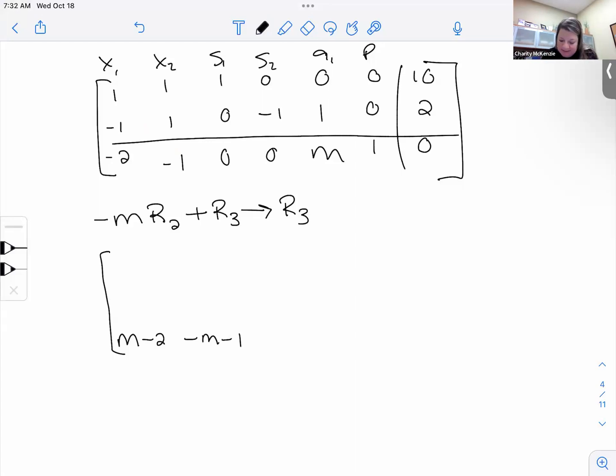Then 0 times anything plus 0 is 0. -1 times M plus 0 is positive M. And then negative M times 1 is negative M, plus M is 0. And then on the last one, negative 2M plus 0 is negative 2M. Perfect. Not pretty, but done.